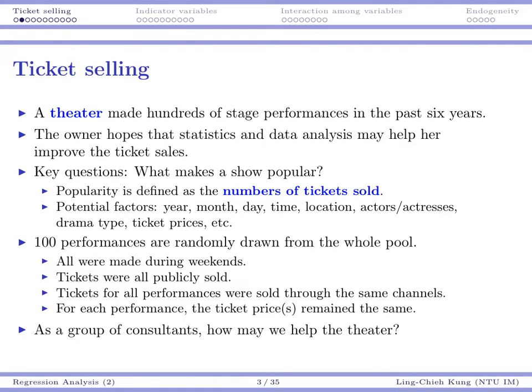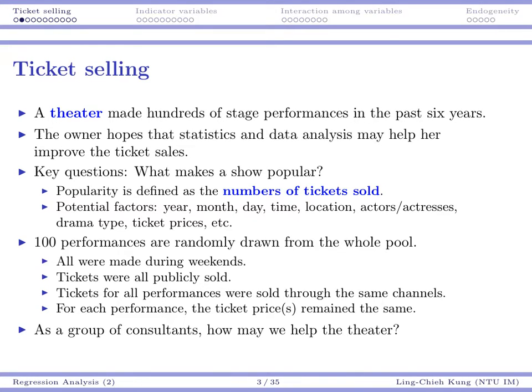Tickets for all performances were sold through the same channels, so we don't need to worry about how these tickets were sold because they are basically the same. For each performance, the ticket prices remain the same throughout the selling season, so price variability is not an issue.